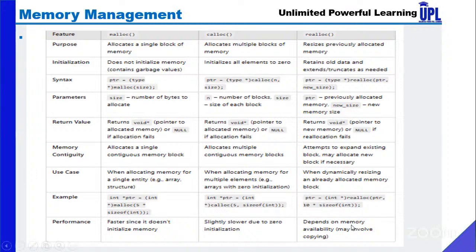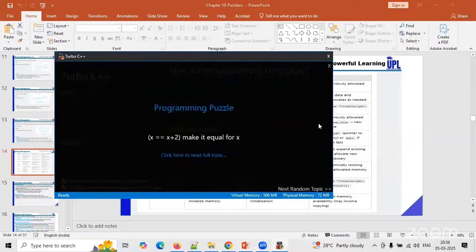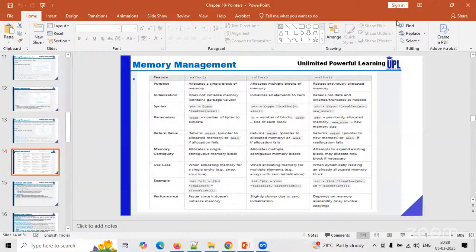That's why the performance will always be lower compared to these two. So we have understood the difference between malloc, calloc, and realloc. Let us do one or two programs just to understand this concept.